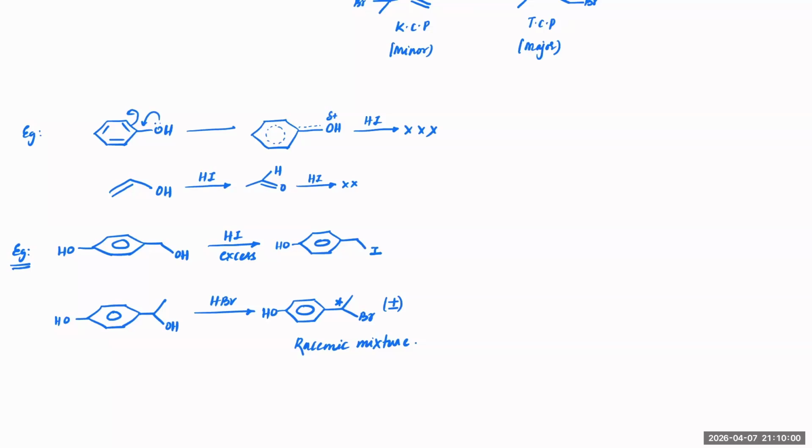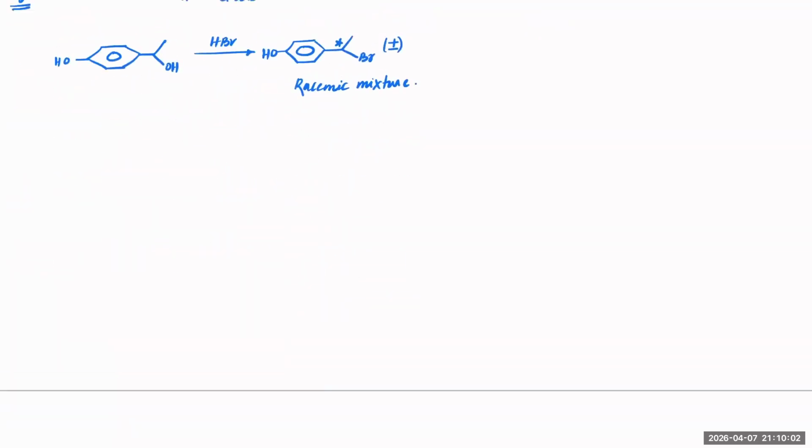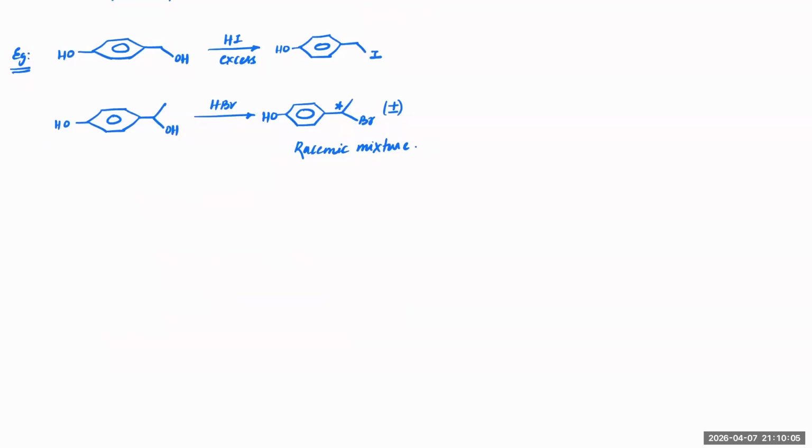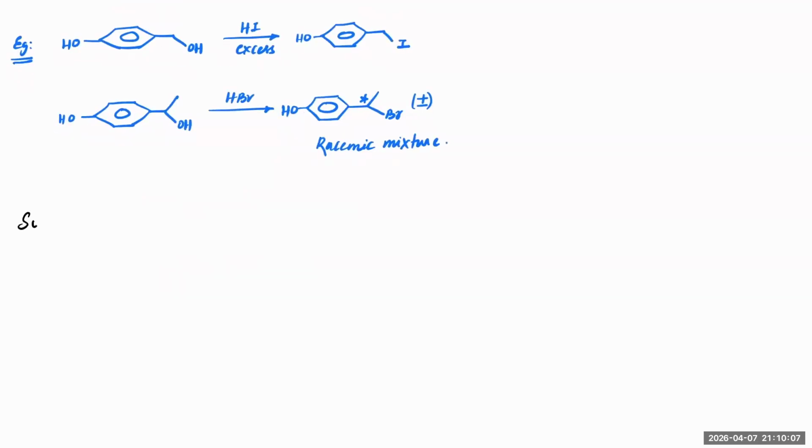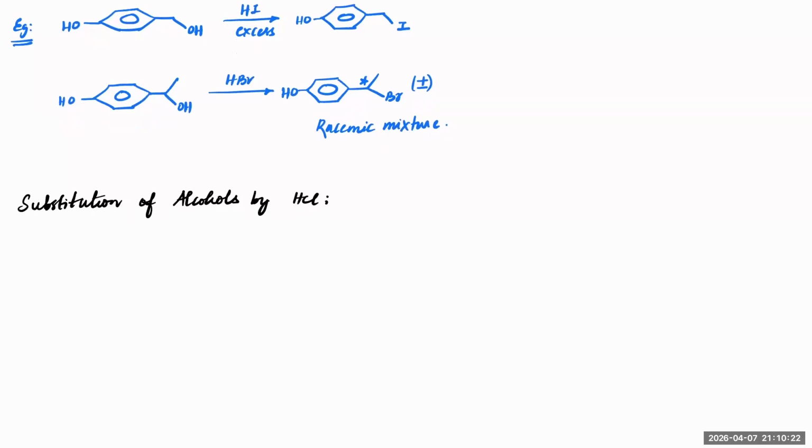Next, substitution of alcohols by HCl. The first thing to realize is that ROH plus concentrated HCl makes a very poor yield.